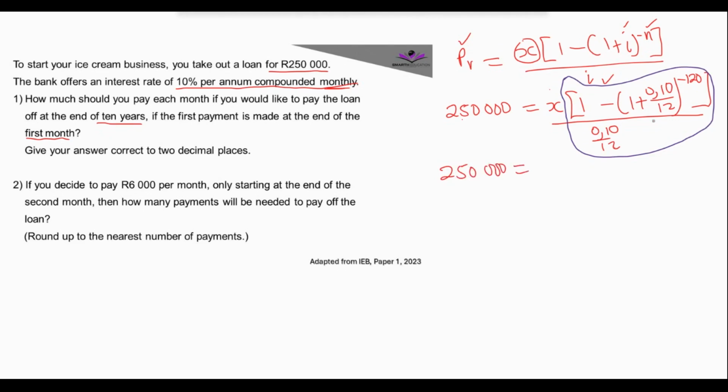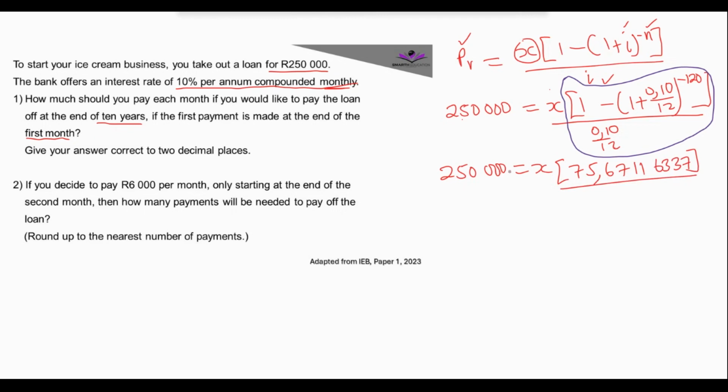250,000 is equal to X times this whole thing, which will give you 75,67116337. Don't round off during calculation, so write the whole number. Then you can divide by this on both sides of the equation.